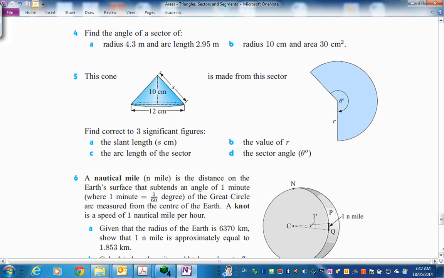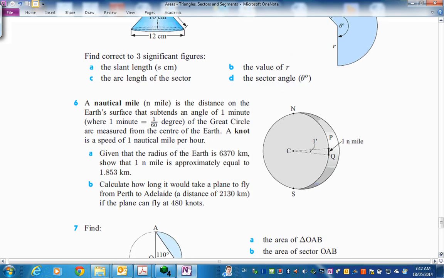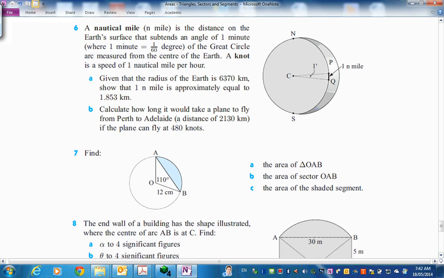And we'll go down now to 6. Yeah, 6 is an interesting one. 7, I told you about before, you're looking for the segment and they take you by the hand. Find the area of the triangle, find the area of the sector, and we've discussed how you would use those two to get the segment. So you have to do that now because we can find the area of the sector and the triangle. So have a go at those two, 6 and 7.